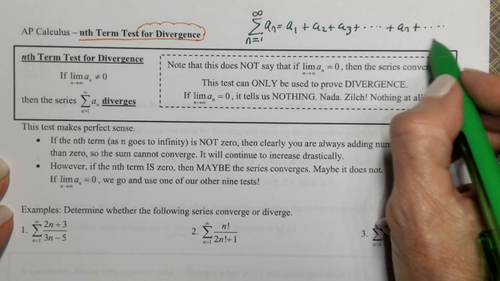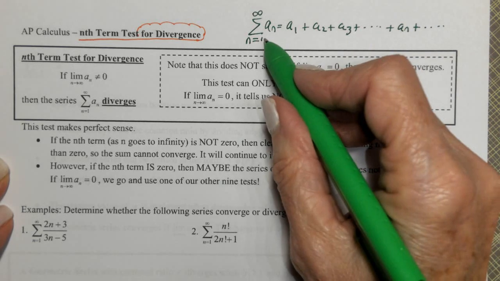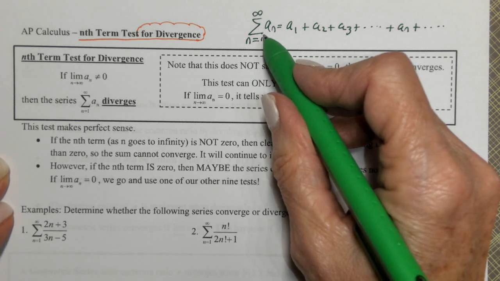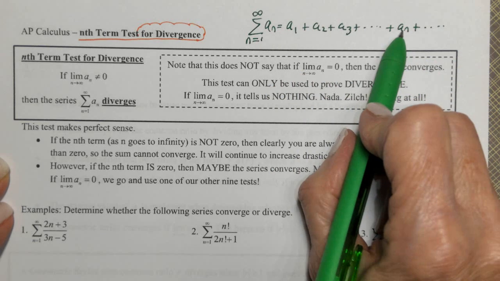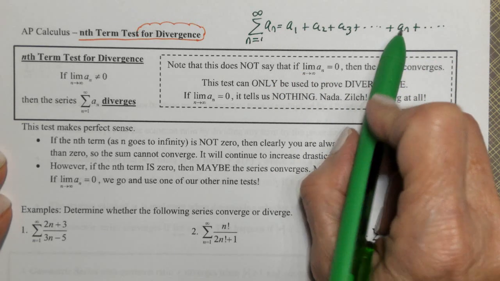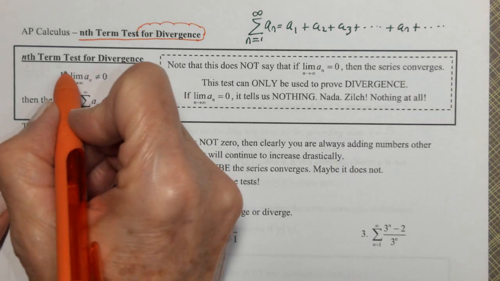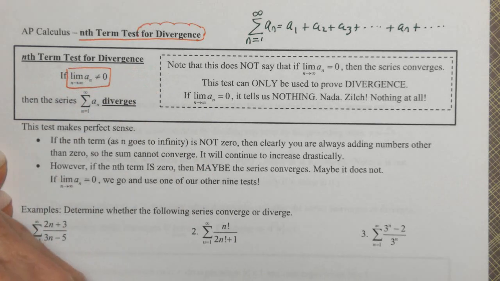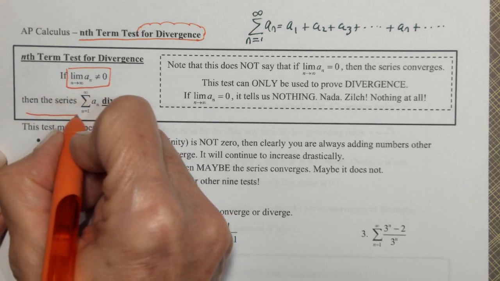If these are not going to 0, then this series is going to either infinity or negative infinity. So these terms have got to go to 0 if a series has any hope of converging. So if the limit as n goes to infinity of a sub n is not 0, then the series diverges.